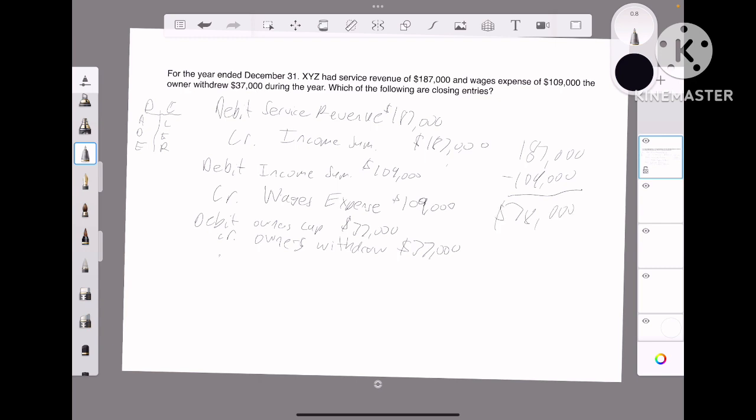So that's gonna be our income summary. So we'll debit income summary. Then we'll credit owner's capital.